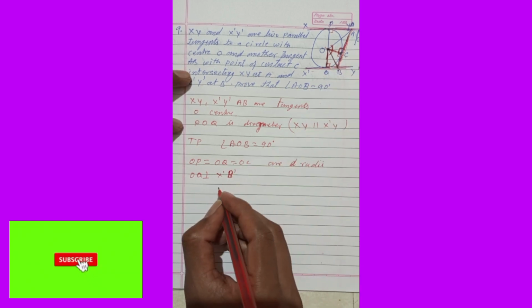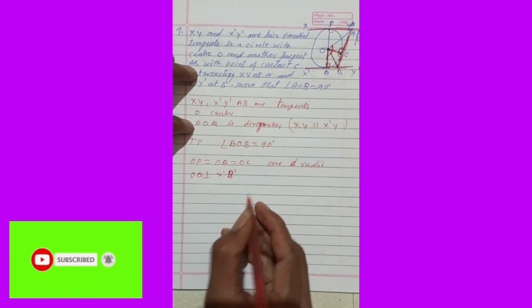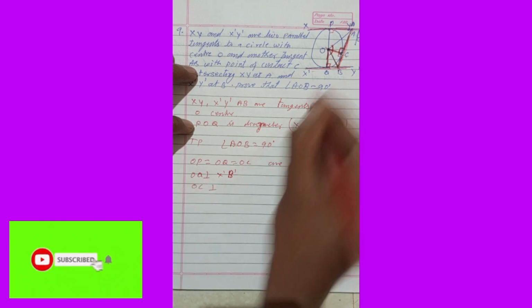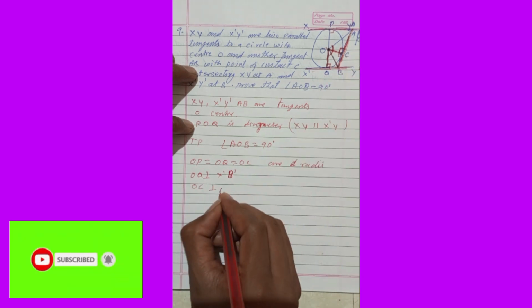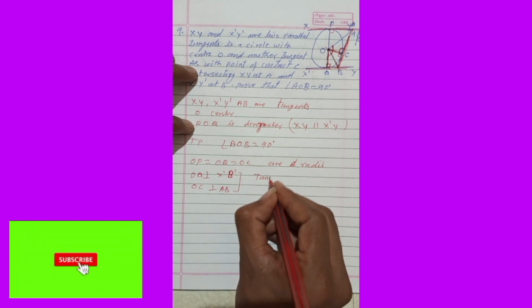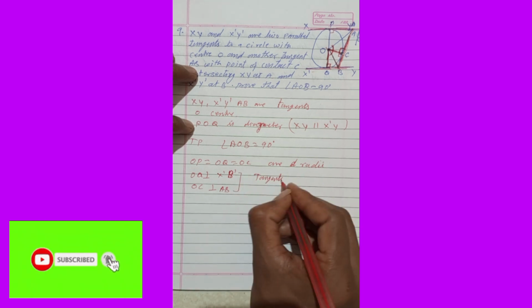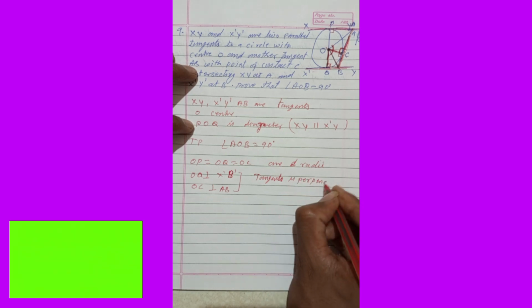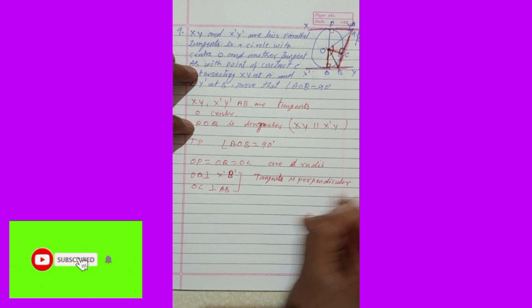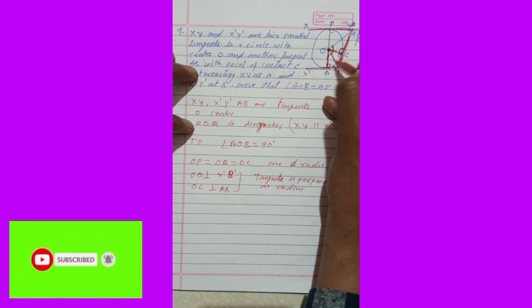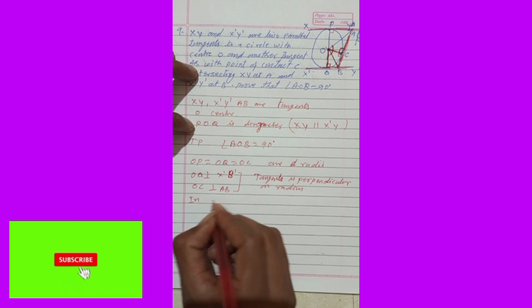And OP is perpendicular to it, and OC is perpendicular to AB. Why? Because the tangent is perpendicular to the radius.